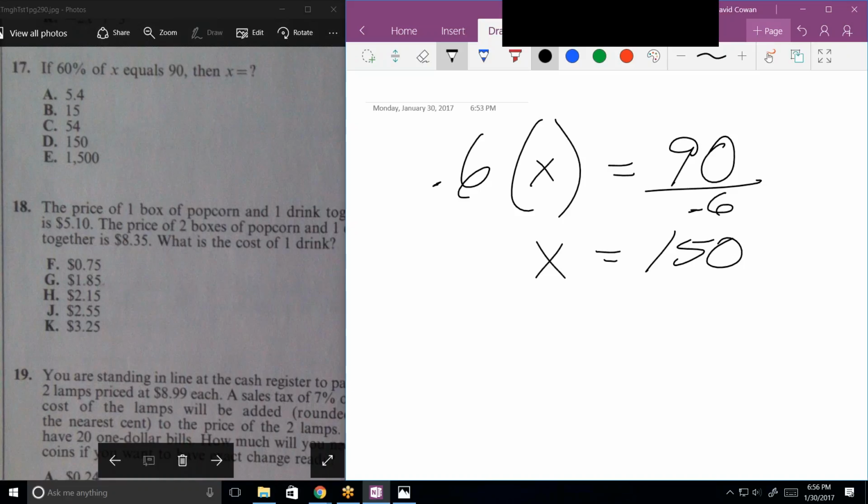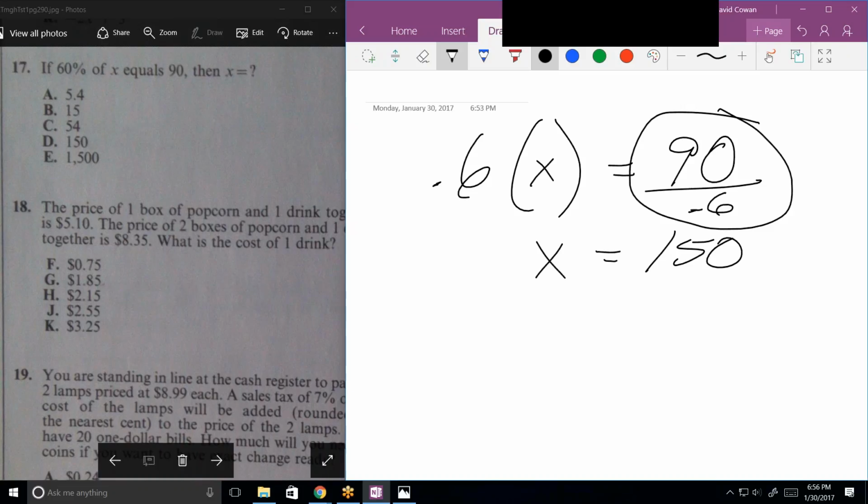It's frequently far harder to algebraically solve these problems than it is to back solve, especially because the ACT is kind of famous for giving you answers that are so far apart, you don't need a calculator. In other words, if I said, what's 90 divided by 0.6, and your only answers are these answers, you'd come up with 150 in a flash.